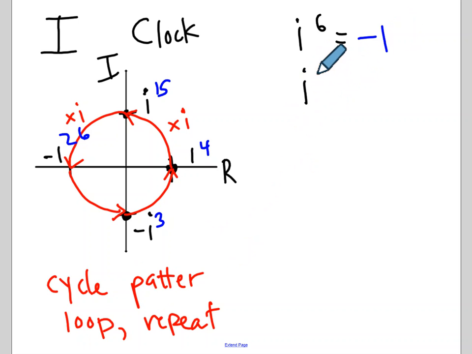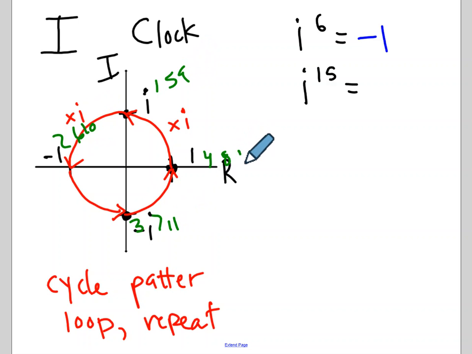Let's try I to the 15th. Okay, you're like, this is getting a little messy. Let's try it. 1, 2, 3, 4, 5, 6, 7, 8, 9, 10, 11, 12, 13, 14, 15.